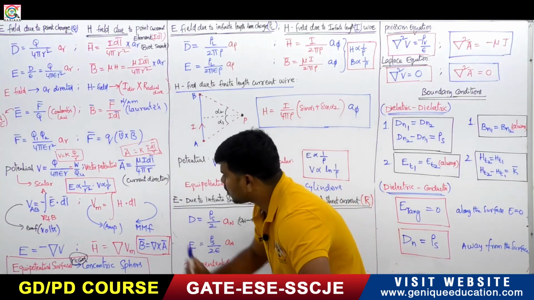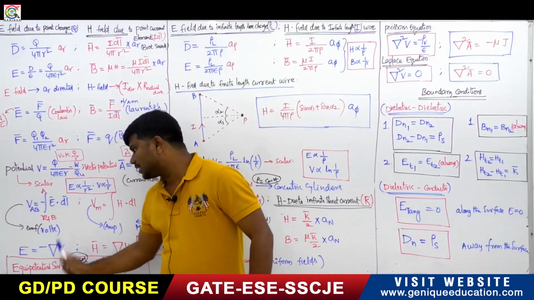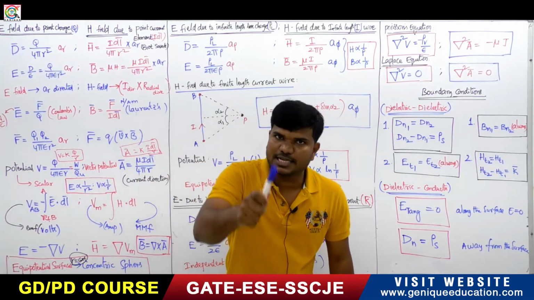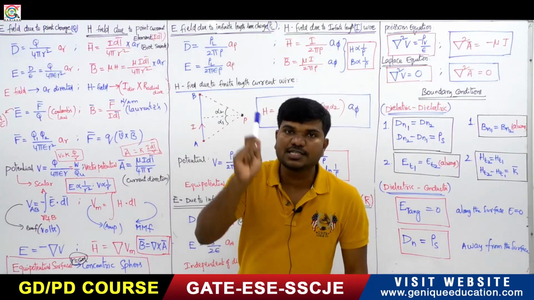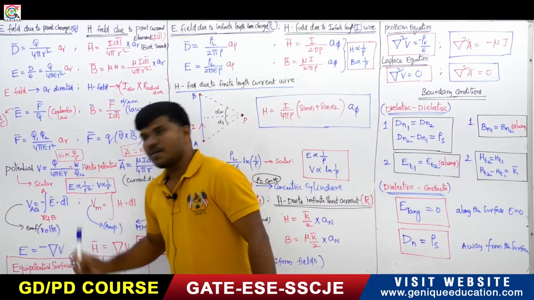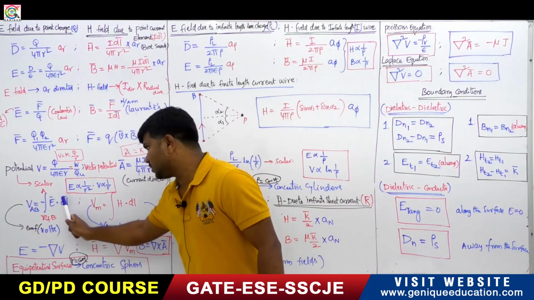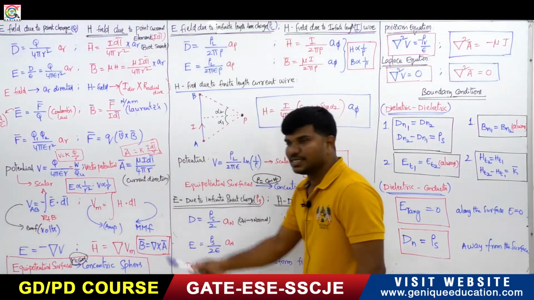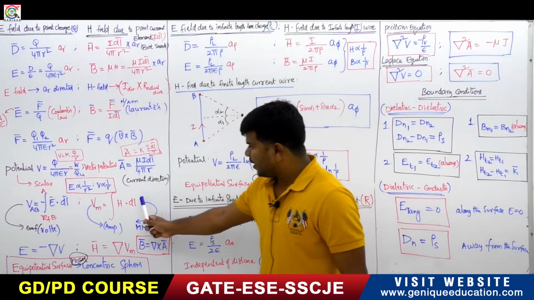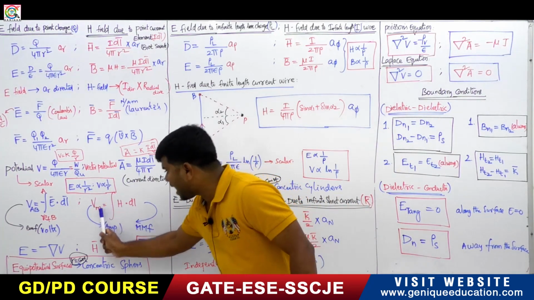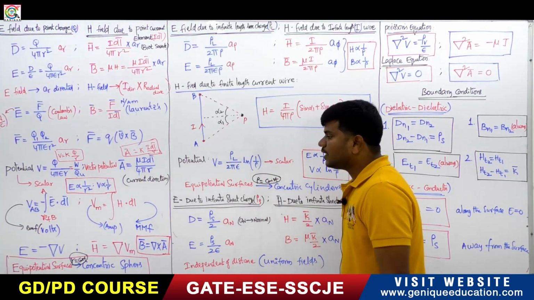There is a relation between the electric field intensity and the voltage. The electric field intensity is defined as the negative potential gradient, so E equals minus grad V. From this relation, if you differentiate, you will get the expression E equals minus grad V. Similarly, to get the magnetic field intensity from the MMF, we use H equals gradient of Vm.